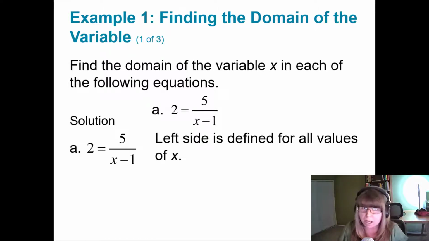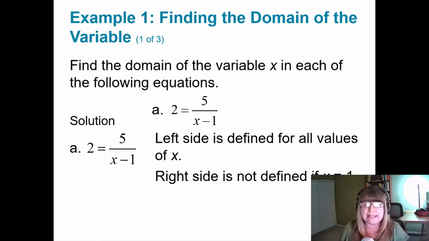The problem comes with the right-hand side because we have our x in the denominator, and we don't want denominators to be 0. So we need to find the value of x that forces that denominator to be 0. Once we find that value, we just throw it out and say, hey, we're not allowed to use that, but everything else is good. When x equals 1, we get 1 minus 1 in the denominator.